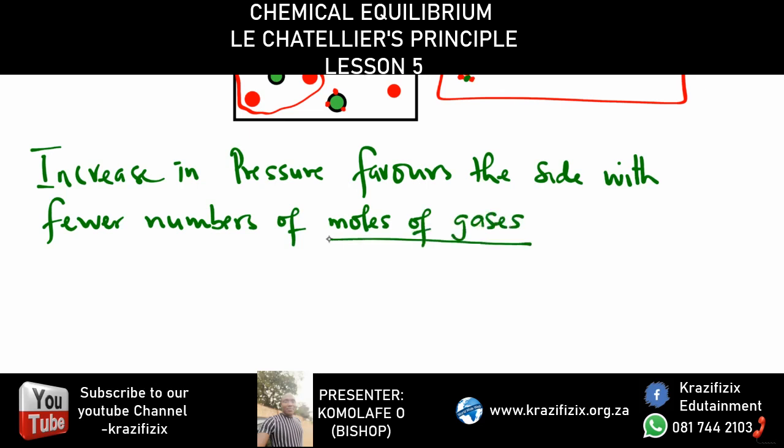Very important. Fewer number of moles. So if you look at this reaction, look at this. N2 plus 3H2. Remember, this is homogeneous.